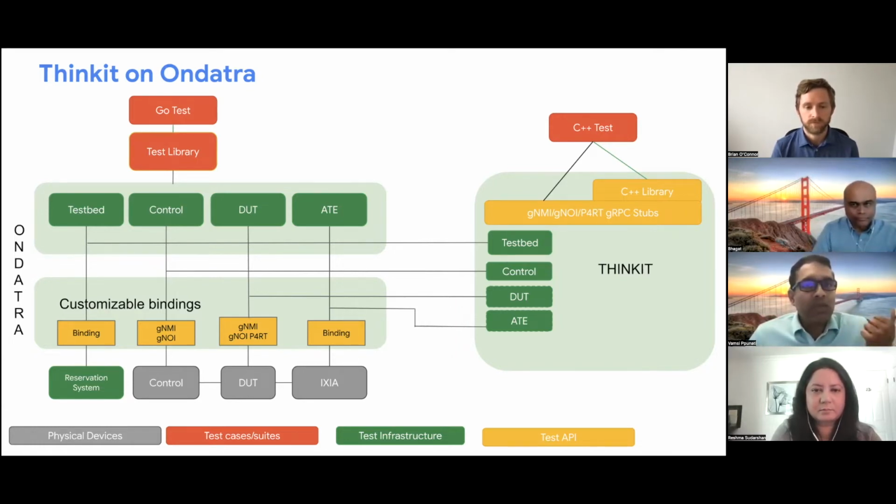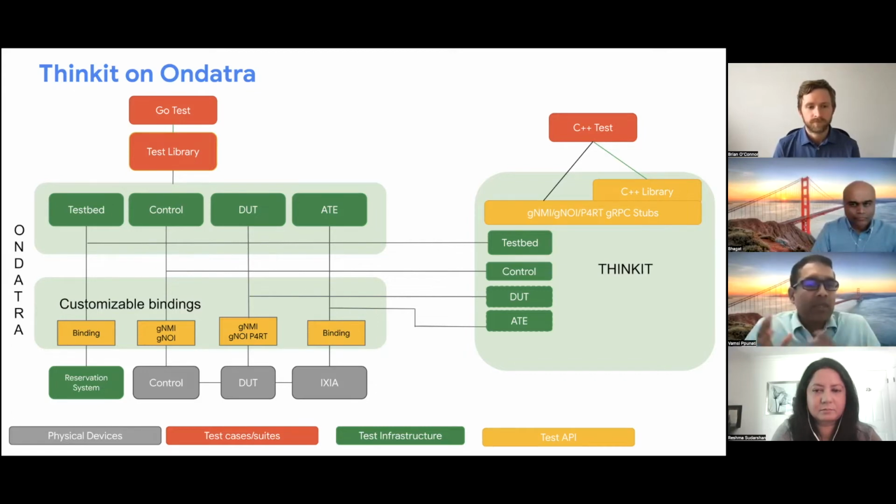First, they have to have their standard topology, the one that I showed in the first slide, where the DUT is connected to the control switch, and they need to customize their bindings to their environment. That includes supporting their own reservation system bindings, and even the gNMI connections, which may need specific changes for their environment.